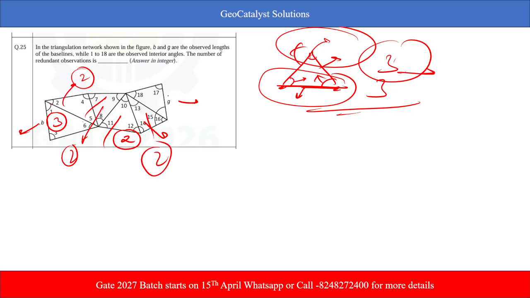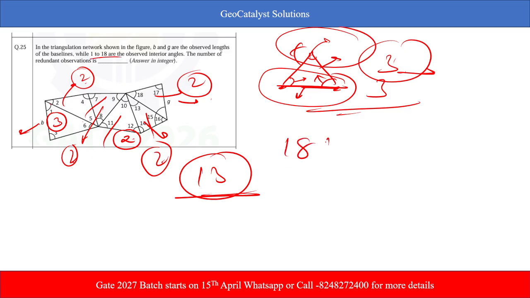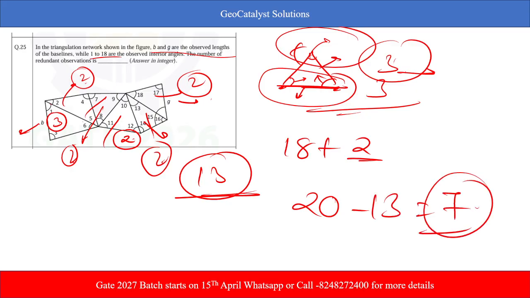Now this also 2. So total will be 3, 5, 7, 9, 11, 13. So 13 are required. But how much do we have? We have 18 angles and 2 lengths, so total 20. So extra information is 7. So 7 will be the answer.